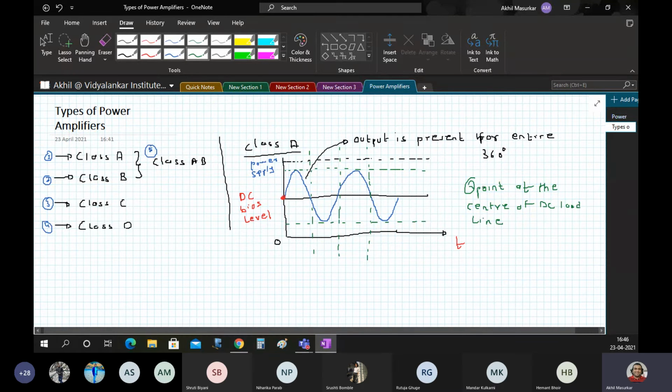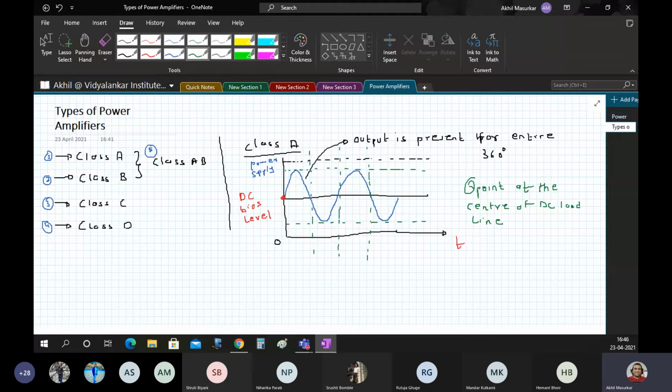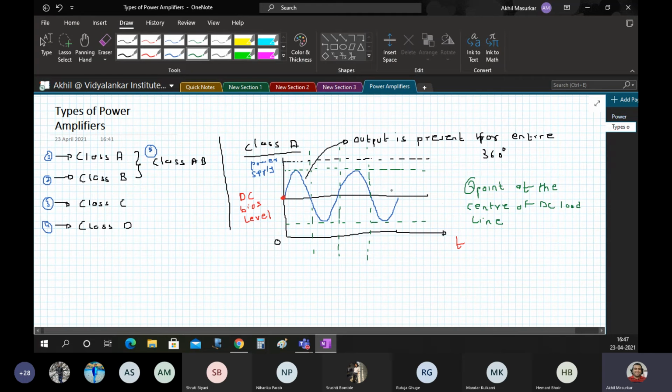Only when the Q point is at the center of the DC load line, we can have a full voltage swing of the signal. So this kind of operation is called class A operation, where you are operating the amplifier over the entire 360 degrees of the signal.